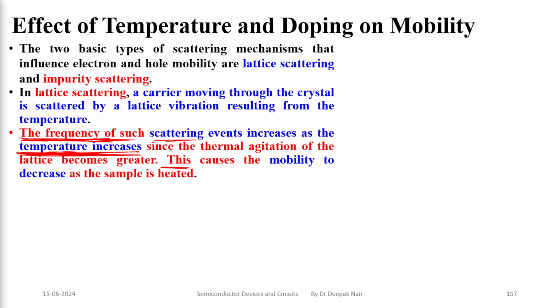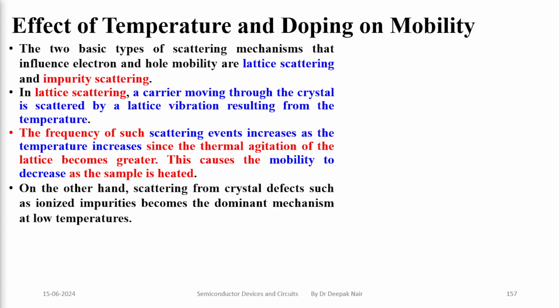Therefore, if we keep on increasing the temperature, the frequency of scattering will increase, and that will cause the mobility to decrease, because more and more scattering will take place, and that will affect the mobility of electrons or holes. Overall, the mobility of charge carriers will decrease if we keep on increasing the temperature.